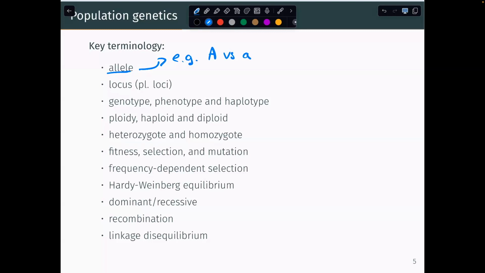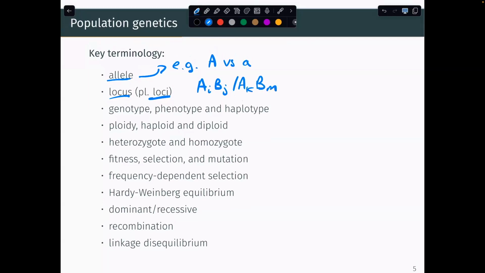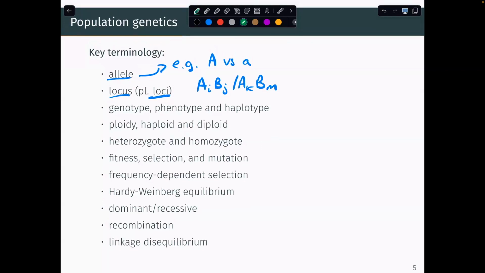And locus, which is the singular, and loci, which is the plural, that's just telling us about the alleles that can occur at that particular location. That particular locus might correspond to a particular phenotypic effect, like your eye color, whereas a different genetic locus might correspond to your resistance to disease or something like that. We'll get onto genotypes in a second, but say we've got a genotype like this, then this first locus here is one locus.